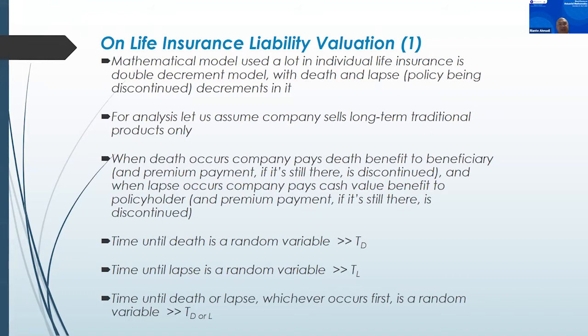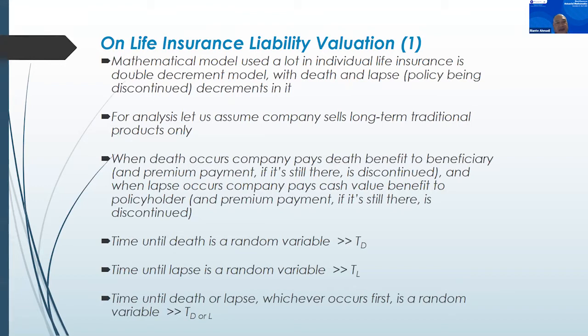So when death occurs, the company will have to pay death benefits to the beneficiary involved in the policy. And upon death, if the premium payment is still on, it is going to be discontinued, because the policy is terminated and the death benefit is paid to the beneficiary.